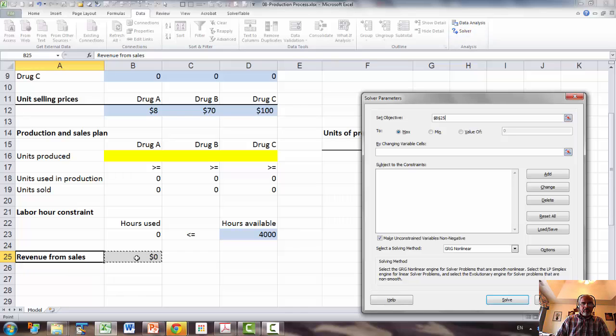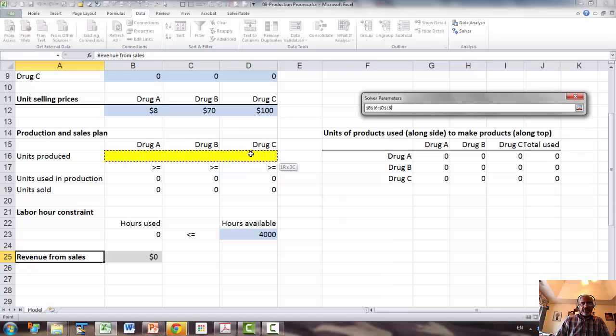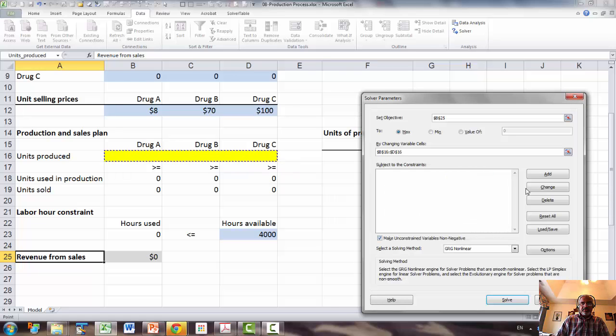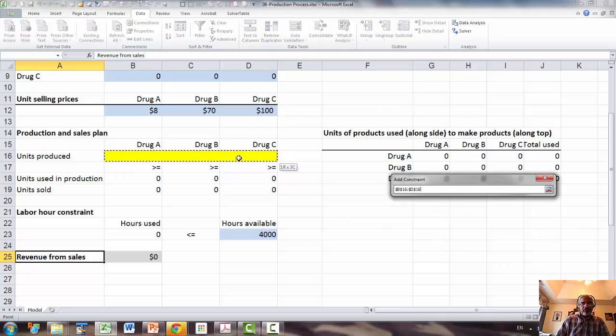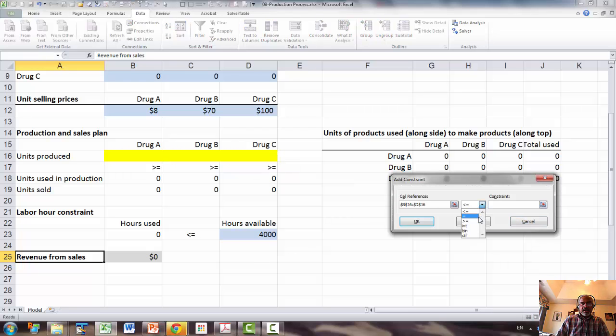So we're going to maximize that. Changing cells are these. The constraints are units produced must be greater than or equal to units used in production. So that's one.